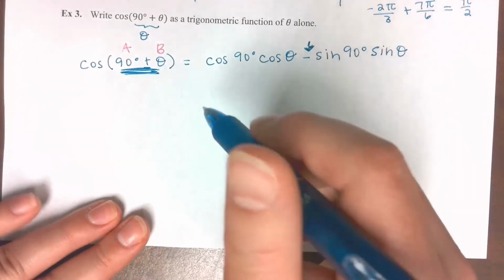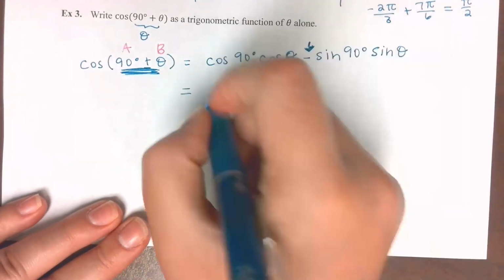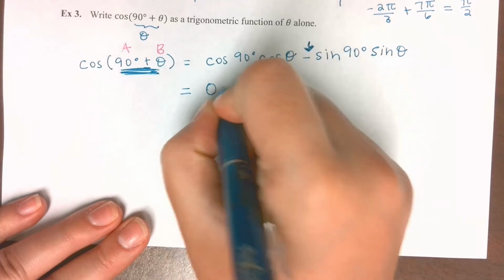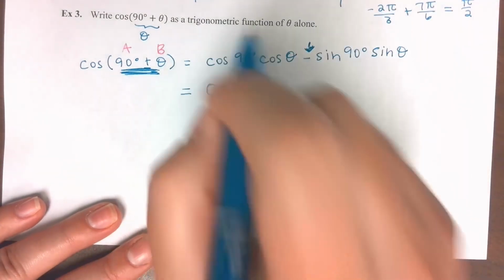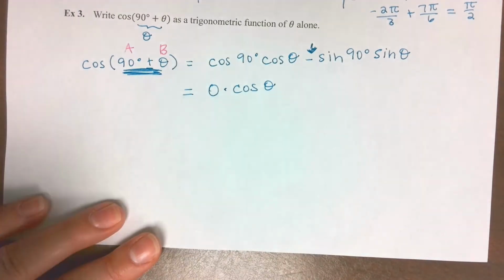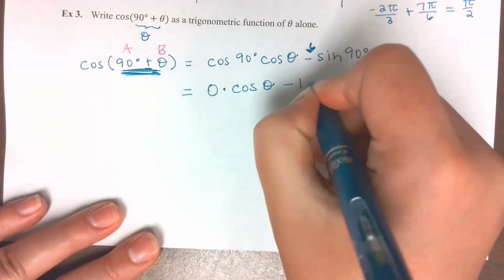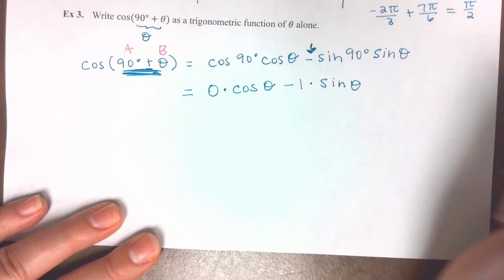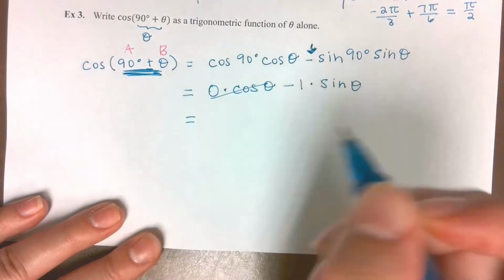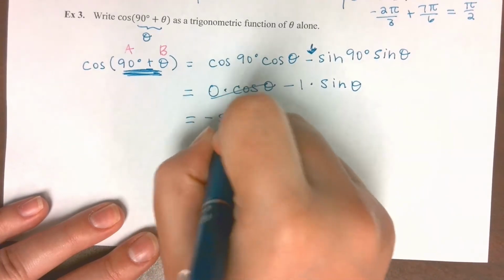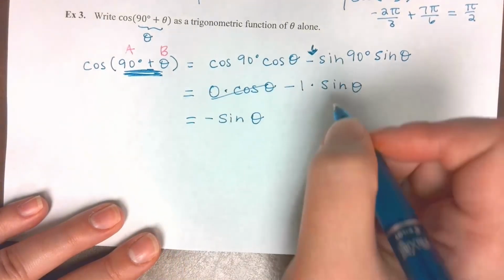Alright, so cosine of 90 degrees is 0. So we have 0 times cosine theta. And then sine of 90 degrees is 1. So then we have minus 1 times sine theta. So that's 0, and we're left with negative sine theta.